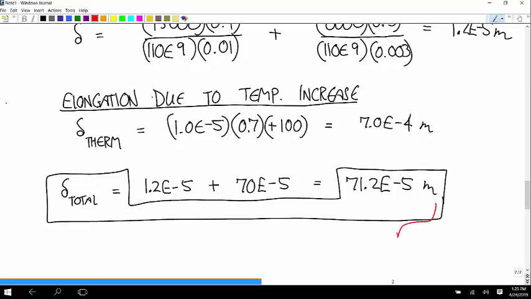And it's positive, so that means the length increased. Any questions about that?